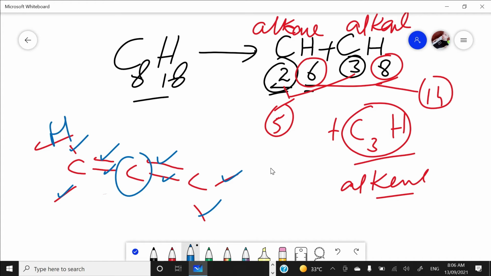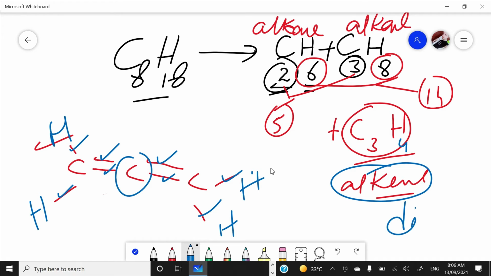So I have a hydrogen, a hydrogen, a hydrogen, and a hydrogen here. It can be C3H4, but this will not be an alkene. This will be a diene. Okay, a little bit higher than the course. But there are probabilities which the examiner might use, and there will be a case where the same example can be modified into 2 alkanes in another way.